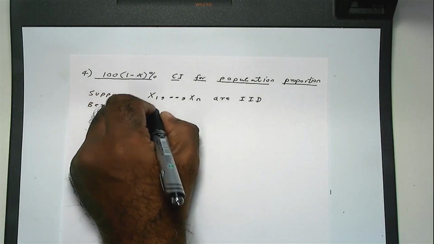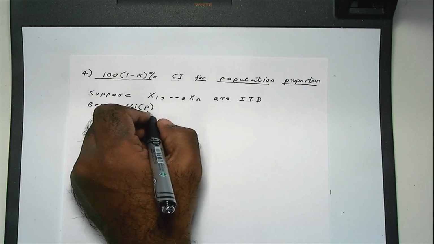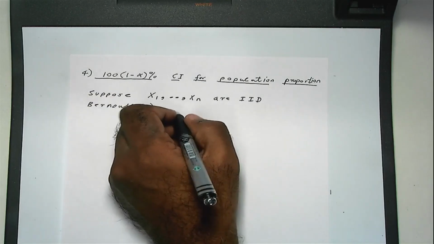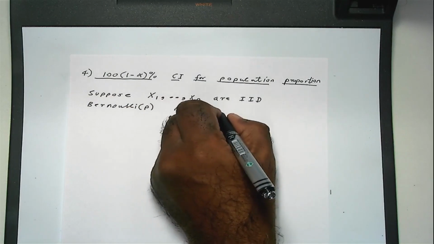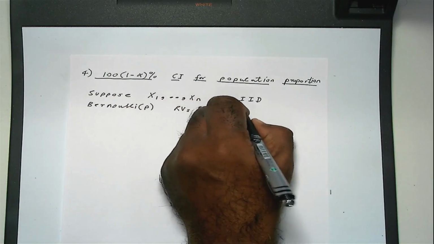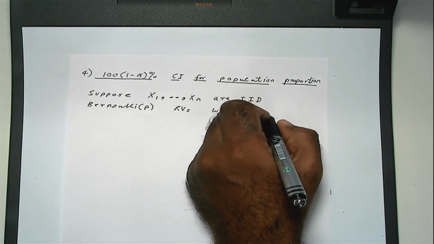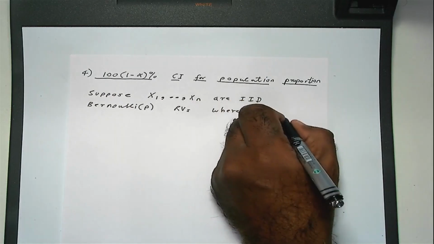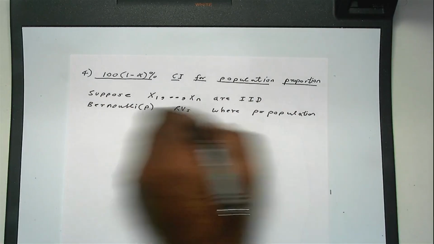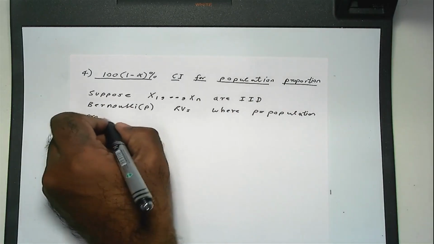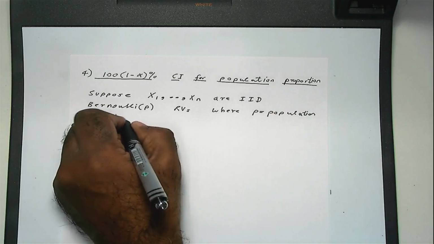P represents the population proportion. So p, representing the population proportion, is unknown.